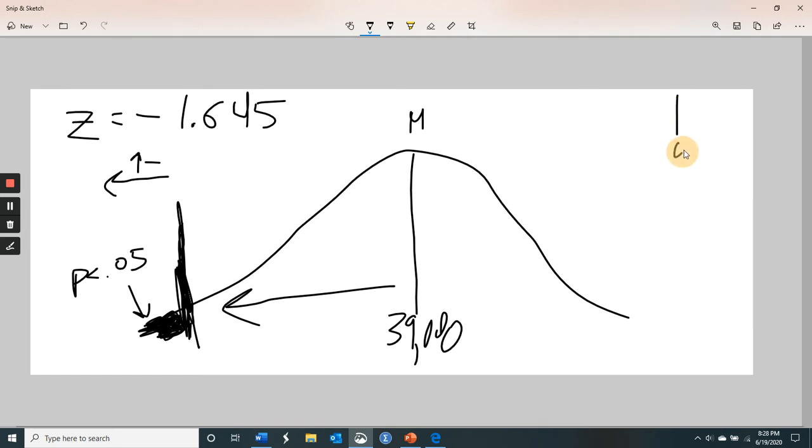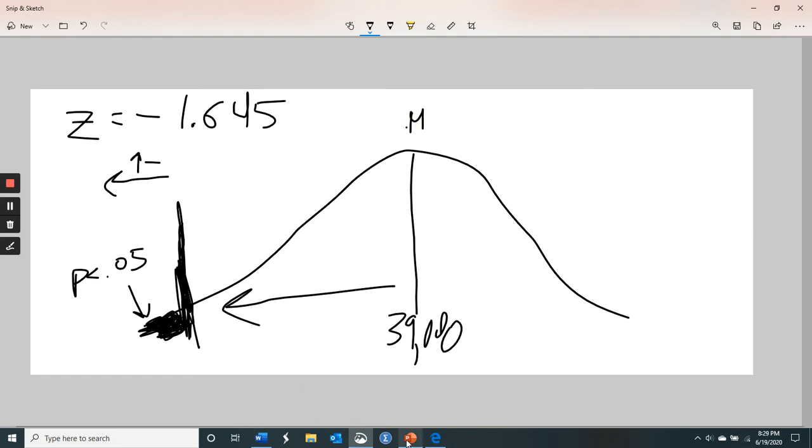Remember, in the middle, the mean is 0. Then we have 1, we have negative 1, we have 2, we have negative 2. So it's really the absolute value of the number that's the most important. So the bigger our absolute value of the z-score, the further away we are from the mean. The further we are away from the mean, the more evidence we have that there is a difference between our sample and the population in this case.